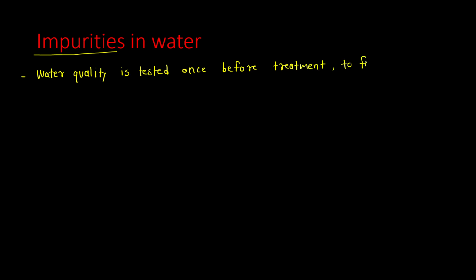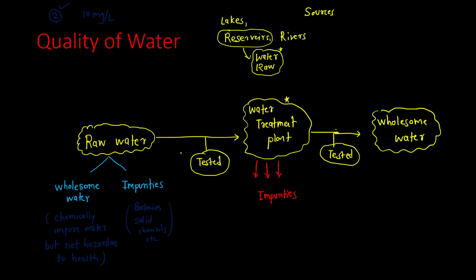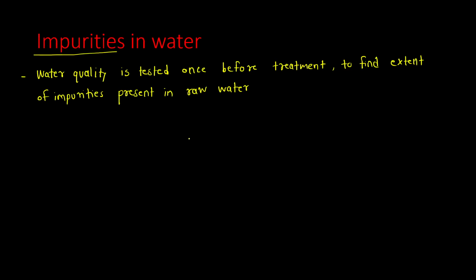Why is it tested? To find the extent of impurities present in raw water. We have seen that the first testing is done on the raw water to estimate the amount of impurities present in it.